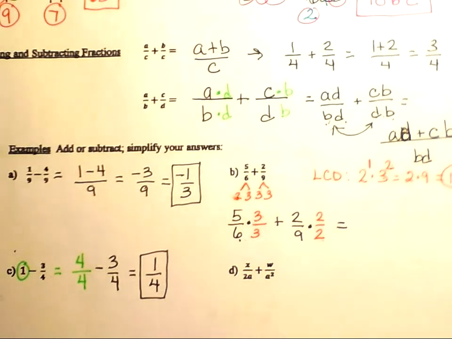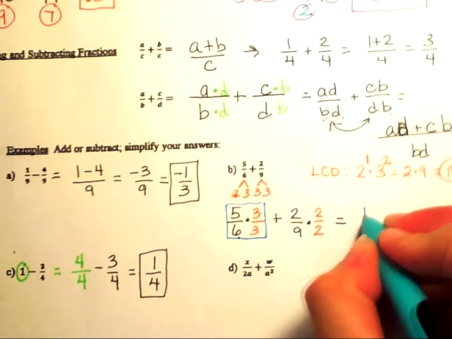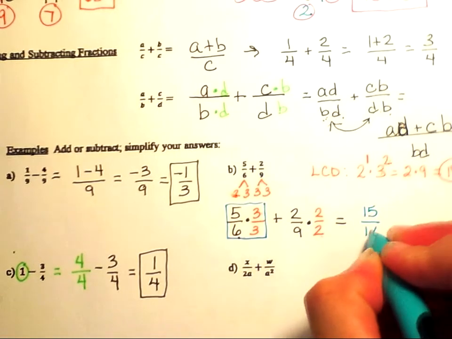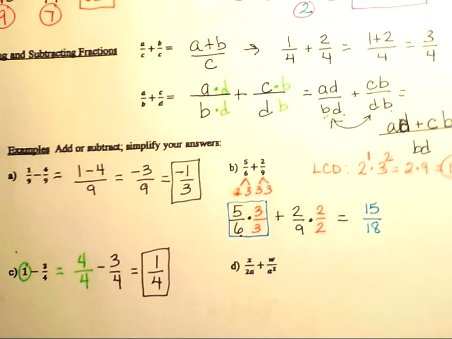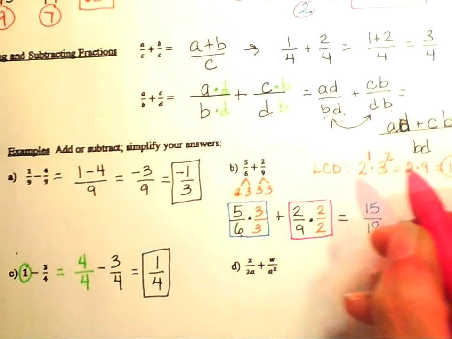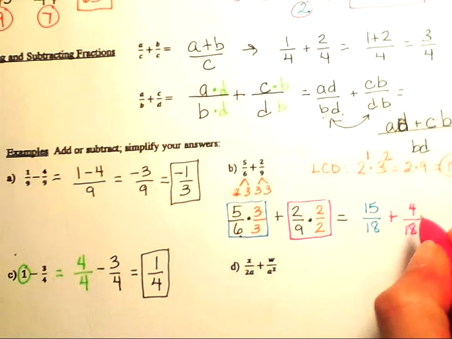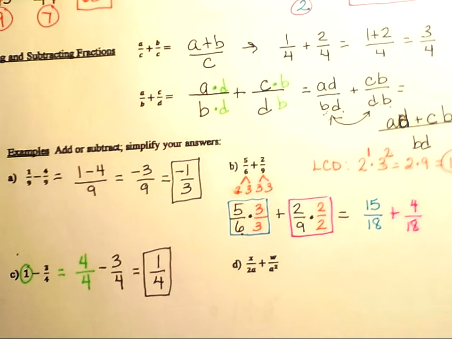And this becomes 5 times 3 is 15 over 18, plus 2 times 2 is 4 over 18. And now we can add straight across.